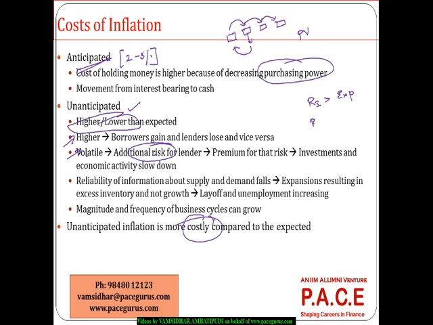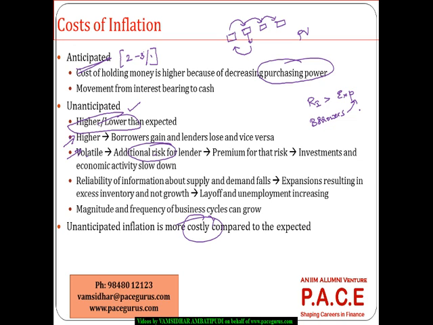Look at it. The borrower would have borrowed at an interest rate which is based on the expected inflation. So he has borrowed at an interest rate which is cheaper, because he has borrowed based on the expected inflation. In reality the interest rate has gone up because the inflation is much higher.